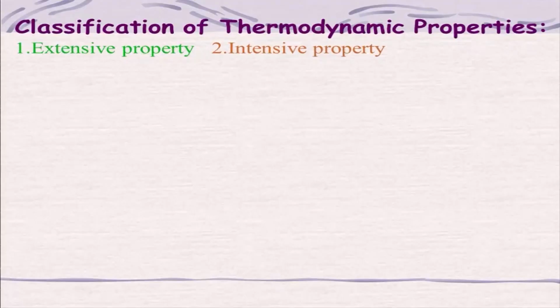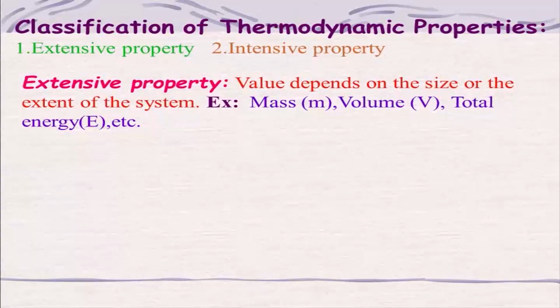When you talk about a property in a thermodynamic sense, it is basically a property of the system. The extensive property depends upon the extent of the system, that means it depends on the size of the system. Examples are mass, volume, total energy and others.